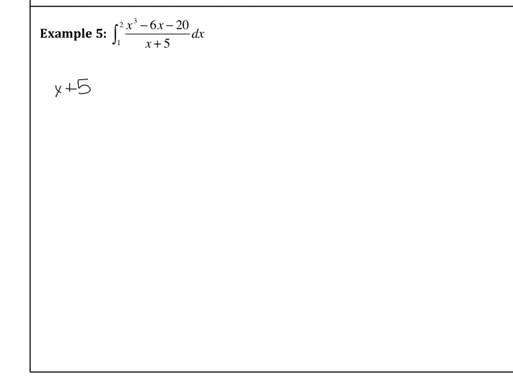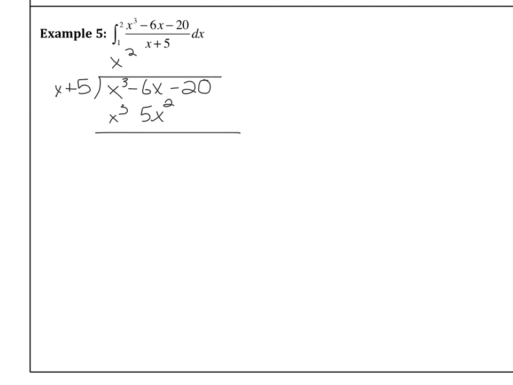Alrighty, so let's do our long division. So x plus 5 is going into x cubed minus 6x minus 20. All right, so x goes into x cubed, x squared times x is x cubed. x squared times 5 is 5x squared. All right, and so then draw the line, change the sign, then combine.